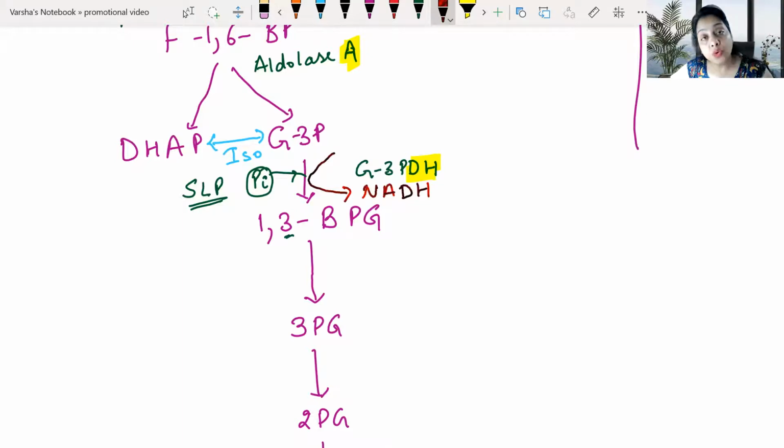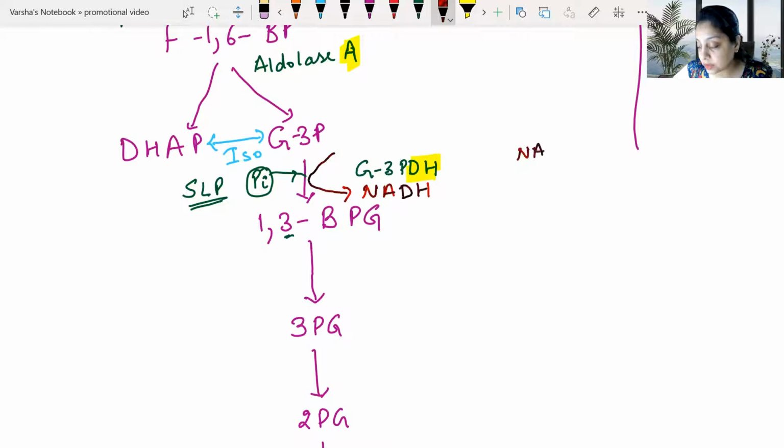If you don't know whether NAD positive or NADH is going to be released, remember this trick: this is a catabolic cycle, so you are going to release NADH, because when NADH goes to the electron transport chain, it gets converted into energy, ATP.